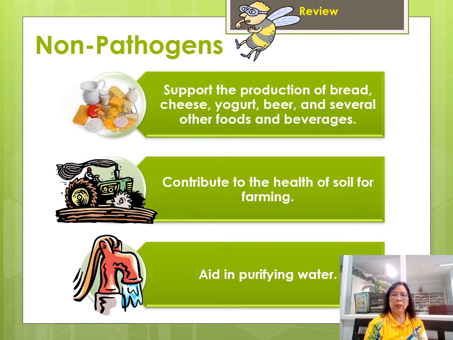Likewise, the non-pathogens contribute to the healthy condition of our agricultural needs, like healthy soil. However, again, there are some pathogenic microorganisms that we could get from soil or simply from gardening. And while there are some microorganisms that aid in the decomposition of organic waste, especially in the big ocean, there are also some diseases that we could get from water.